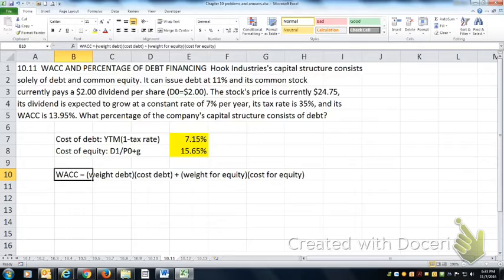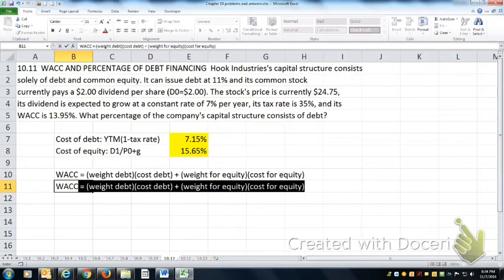Alright, here's where you're going to need a little gratuitous arithmetic to make this work. So the weighted average cost of capital, I'm not given weights on either the debt or the equity, but I know that the sum of the two equals 1.